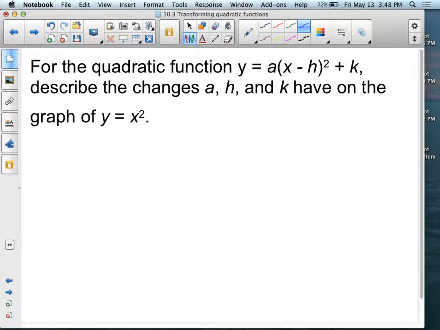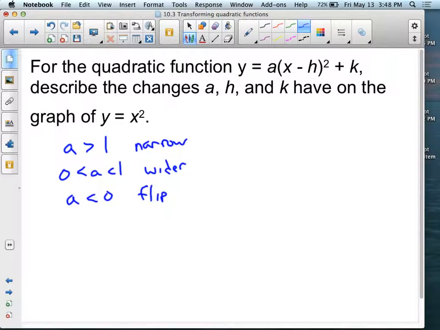All right, if you went back through your notes, you probably realized that when a was greater than 1, it became more narrow. And between 0 and 1, it became wider. And when it was less than 0, it was a flip. You might remember that when we had something in parentheses like x plus h, it was really x subtract negative h.